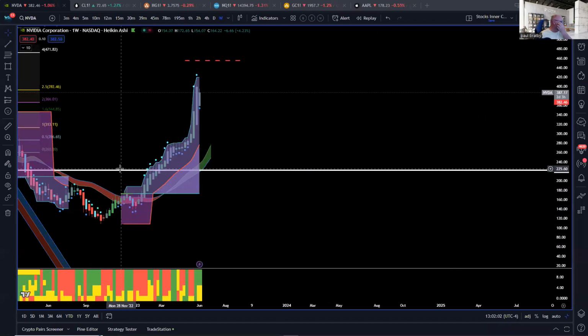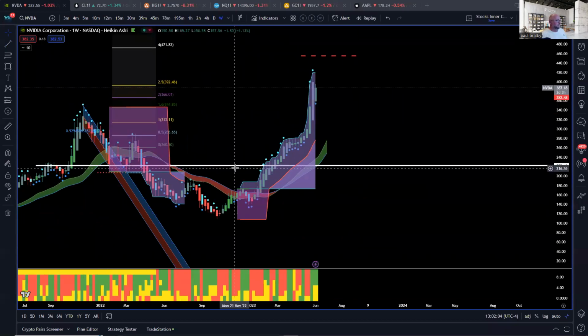Again, NVIDIA at the end of November was the trade. And again, weekly and daily signals, as in on a weekly chart, that scanner will pick up these types of signals. This trade is still in.